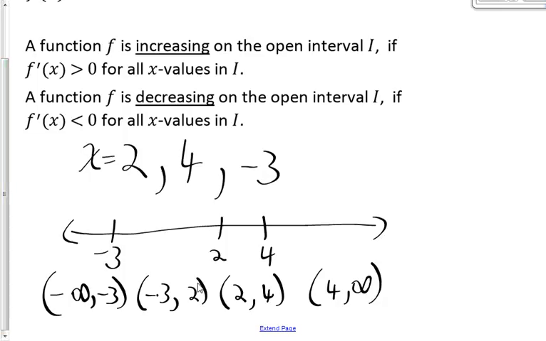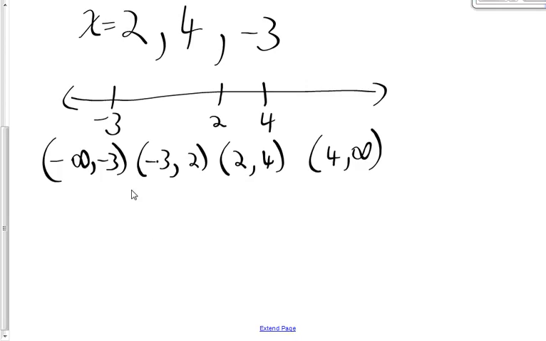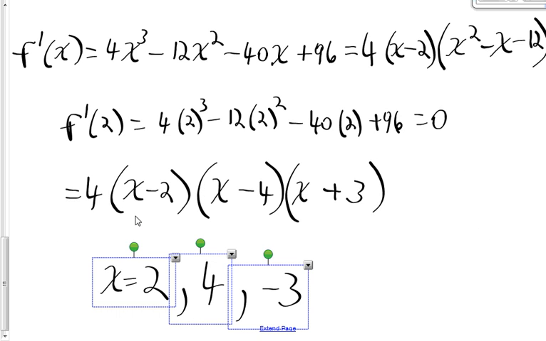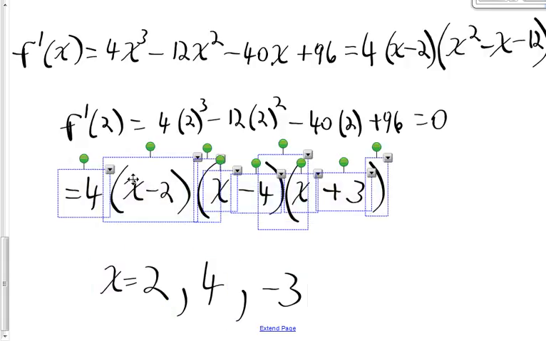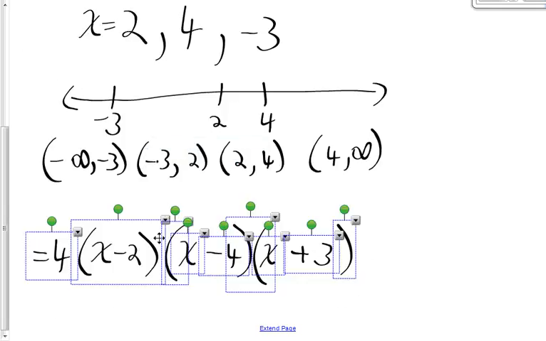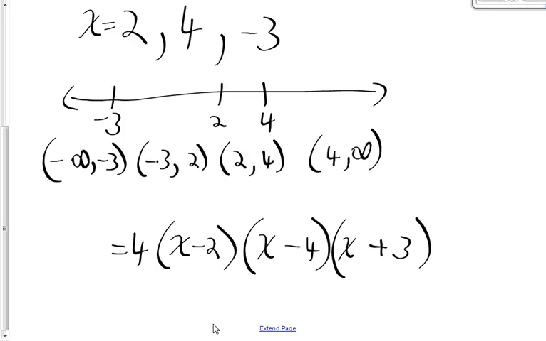So I have 1, 2, 3, 4 open intervals created by my critical numbers. I want to know if the function is increasing or decreasing on these intervals, because whatever it's doing, it does for that entire interval. So I need to use the derivative. Here is my derivative once again, my f prime of x in its factored form.